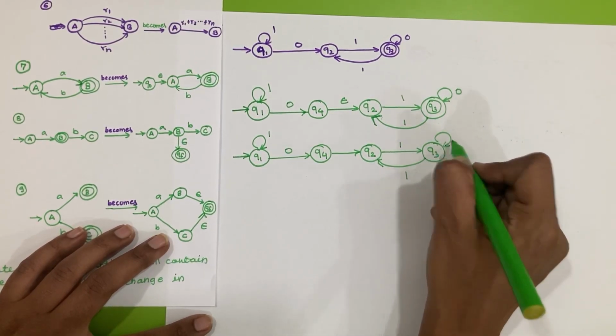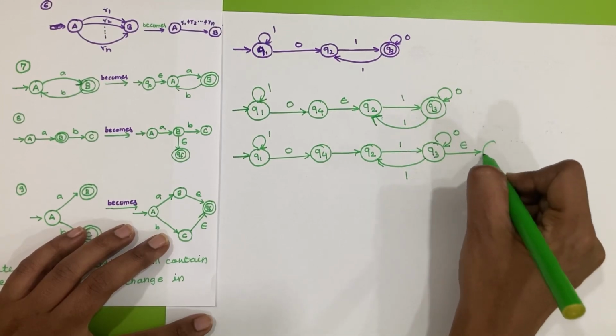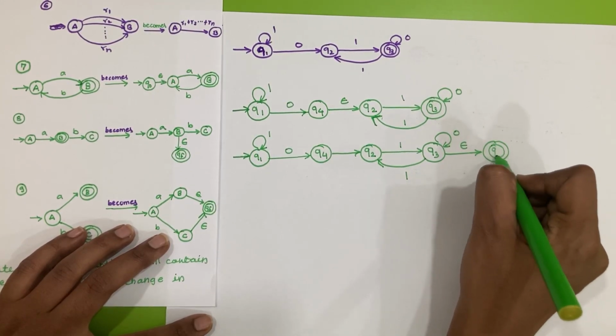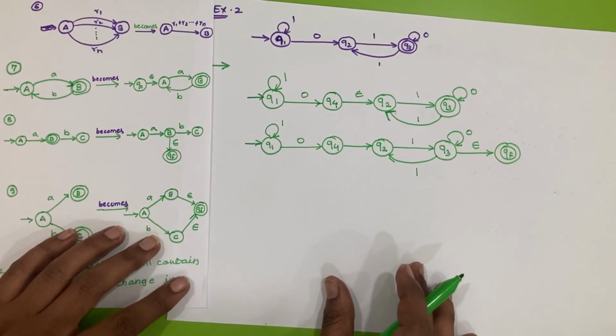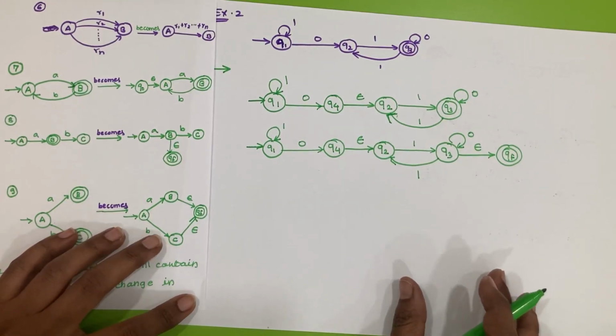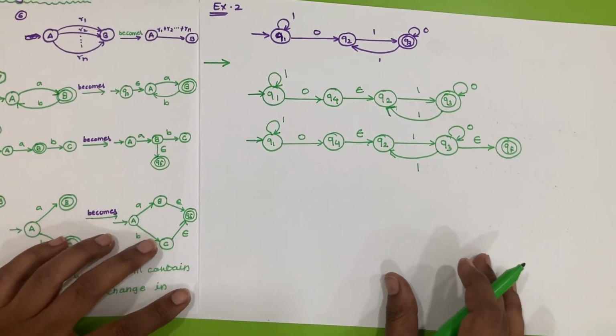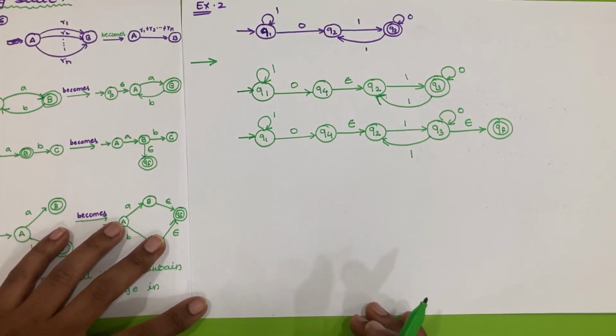And Q3 0, and we will add here one more final state, that will be named as Q4. Here is empty. Now here no refinements are needed from here onwards.